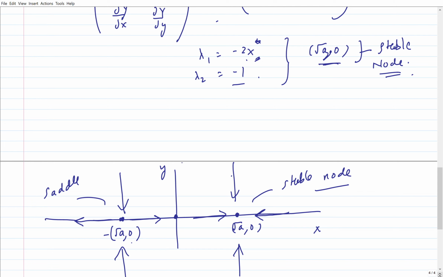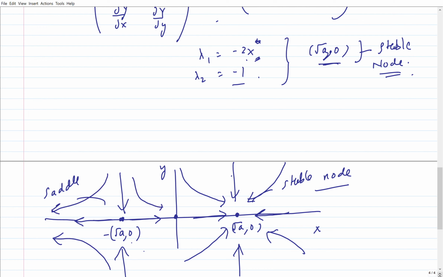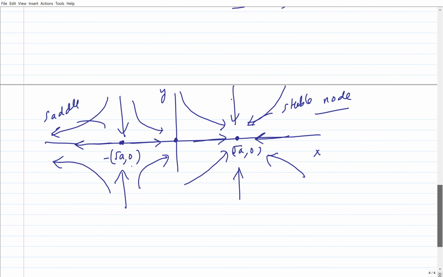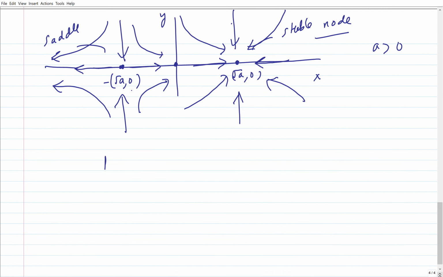And as usual, I'll have trajectories coming to the stable node from all directions, and over here I'll have those trajectories going this way. And of course this is for a greater than 0. For a less than 0, we don't have a fixed point.